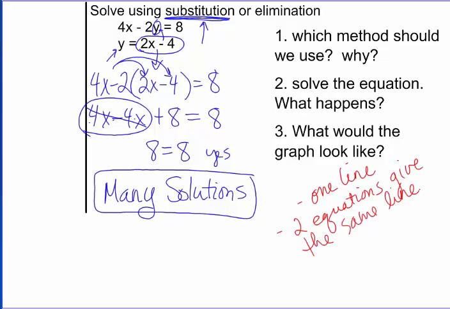So it's one line on top of the other. So for those two equations, you can plug any number you want into the x spot for both equations. It's always going to give you the same y value. So that's another special case. We have those two special cases: the parallel lines, which give you no solution, and when you end up with just one line from two different equations that give you the same line, which means many solutions.